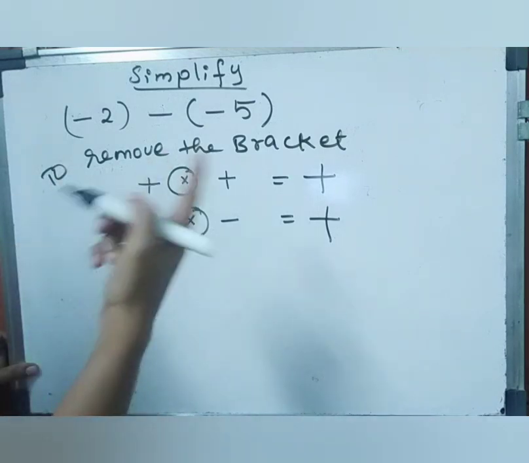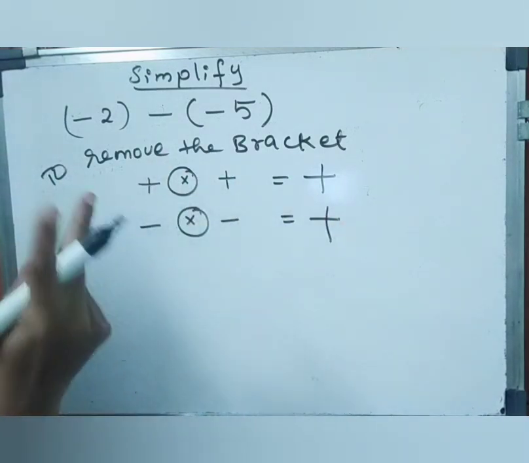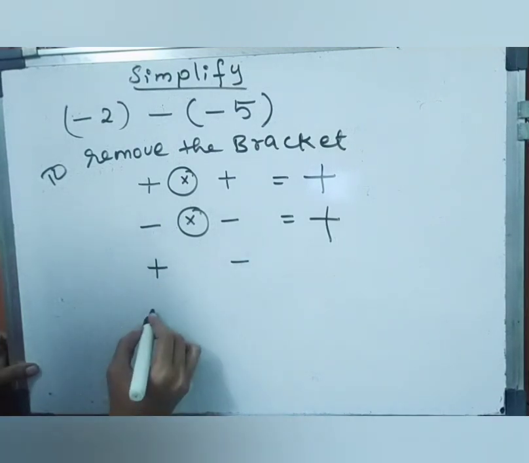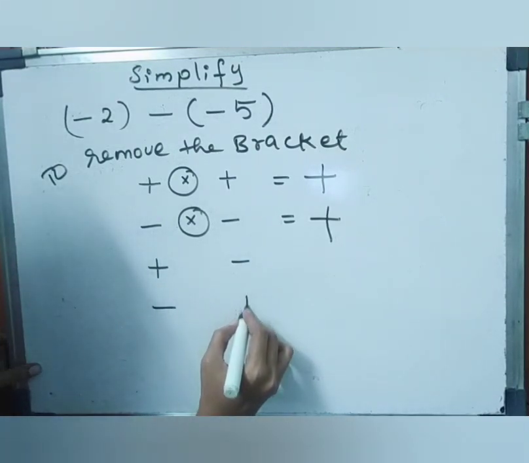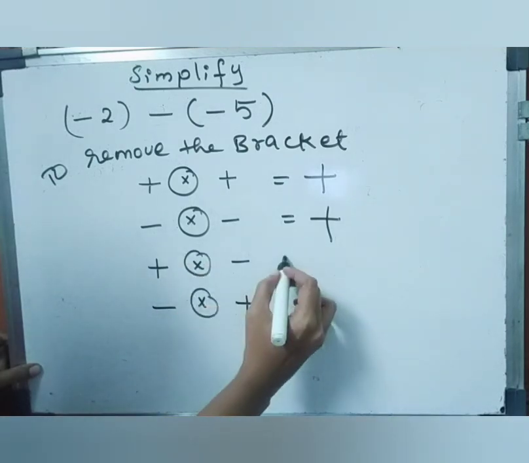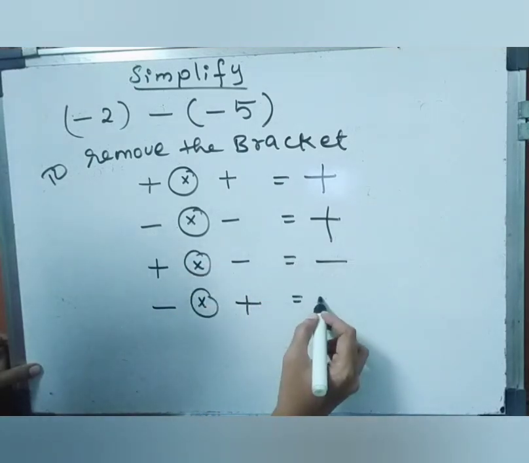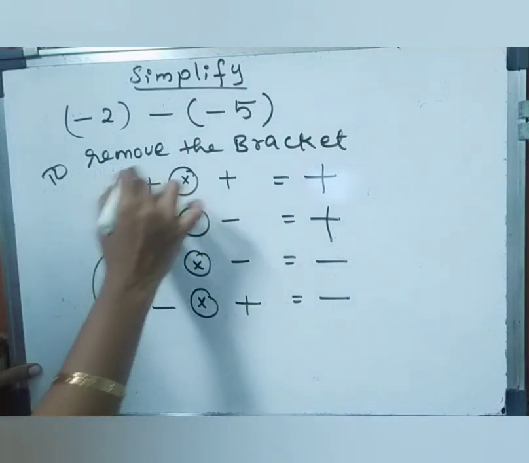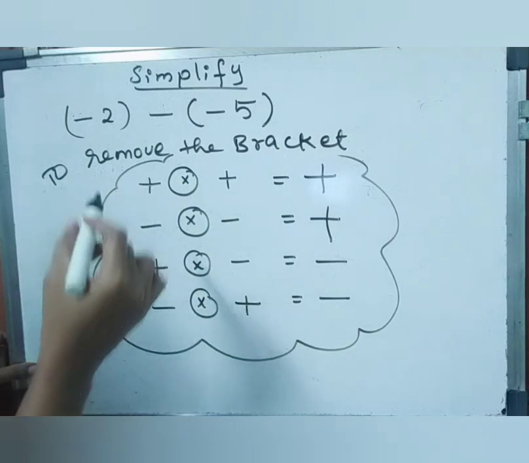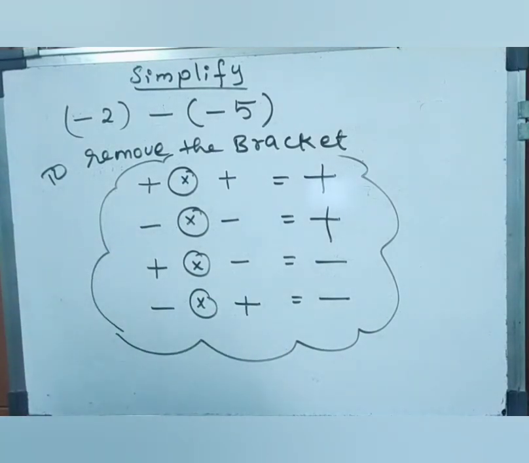Minus multiplied by minus is plus. When we have two different signs for multiplication, it may be plus and minus or minus and plus, you will have the answer as negative. So with the help of this rule, we are going to remove the bracket first. Then as usual, we are going to follow the normal addition rule.